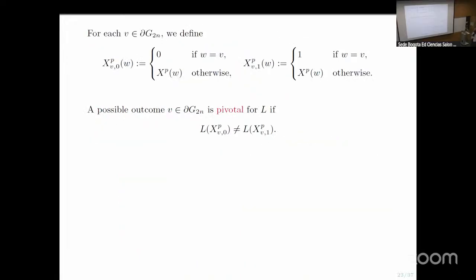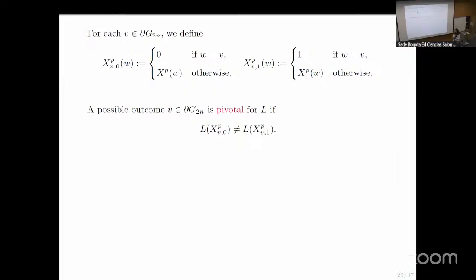Now I'm going to define what is pivotal. For each leaf, I'm going to define these two variables here. These two variables are the same as the original assignment, except in the vertex B. In the vertex B, one of the variables has the value 0 and the other has the value 1. I'm going to say that this vertex is pivotal for the Boolean function if they take different values.